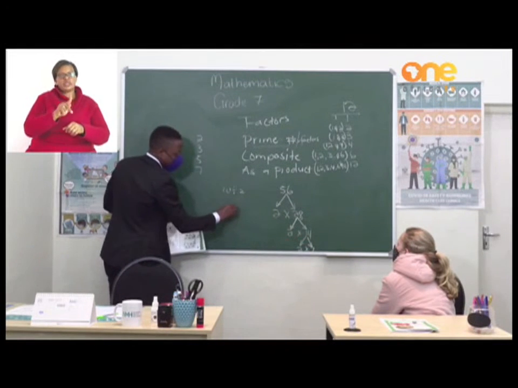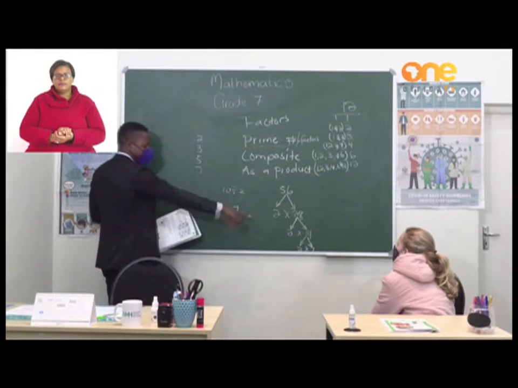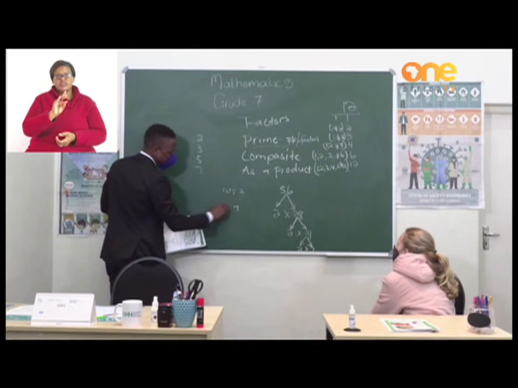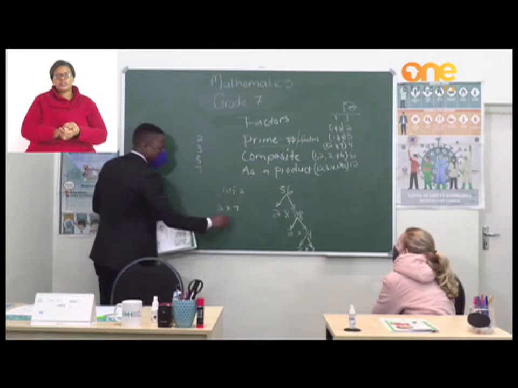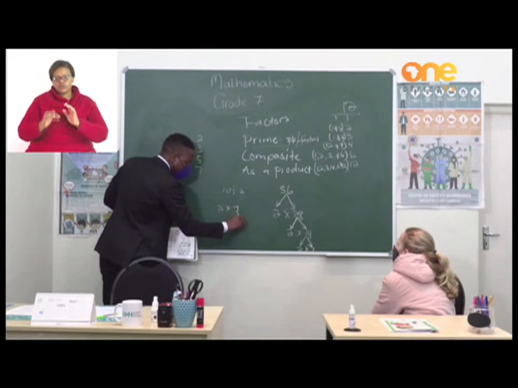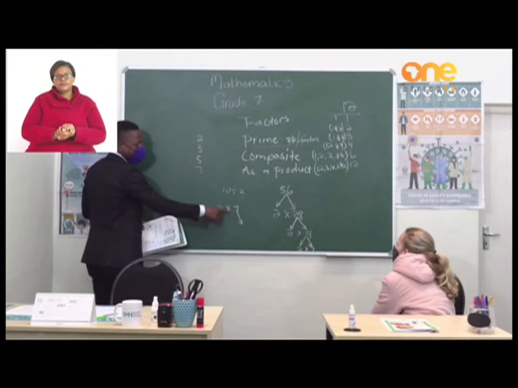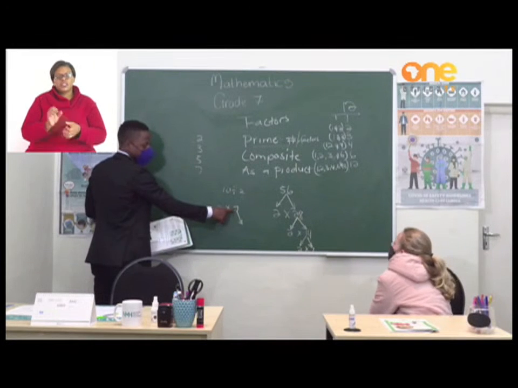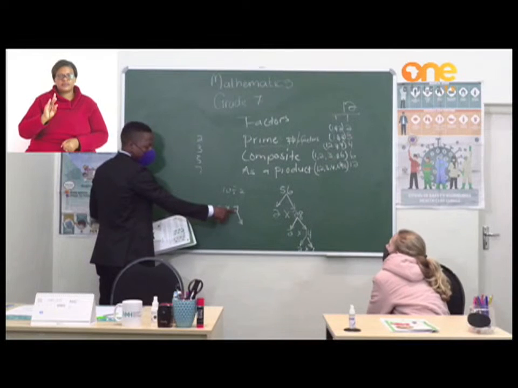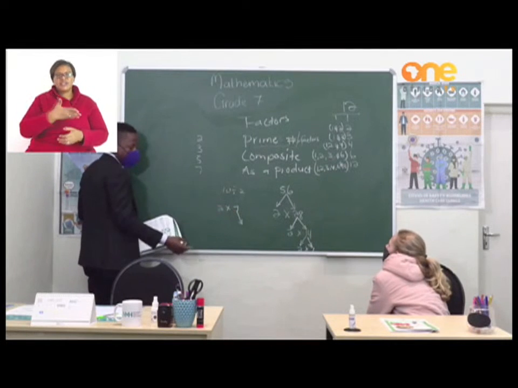I have to continue somewhere here due to space. That is a 7. I still have to continue. I cannot halve 7 because I'll have a remainder.